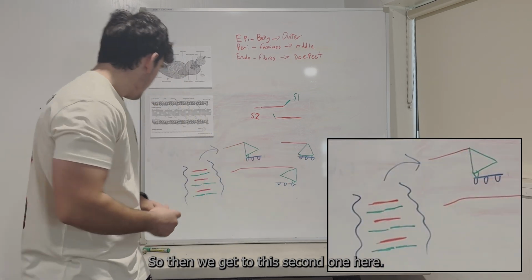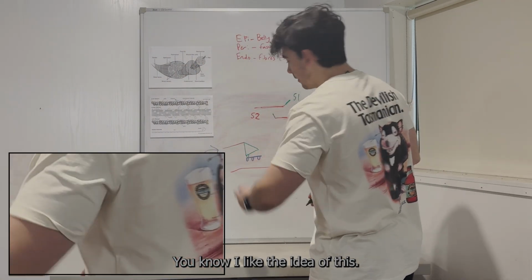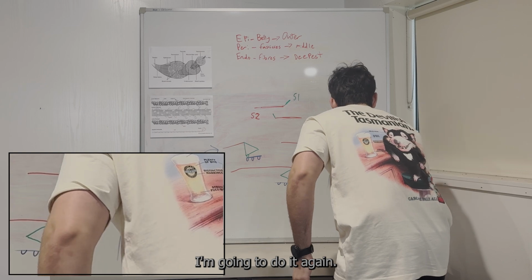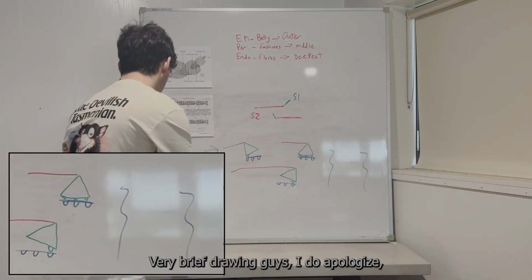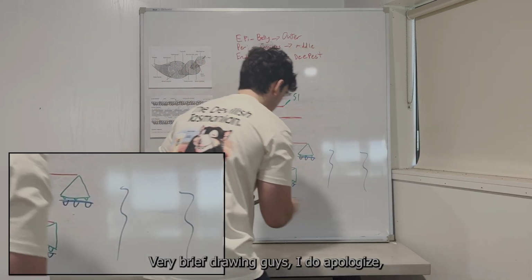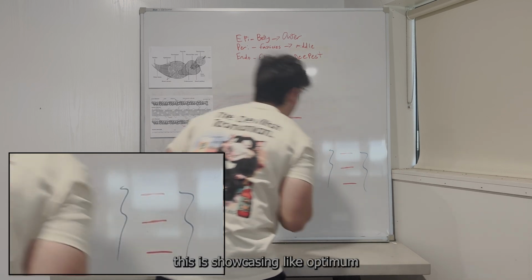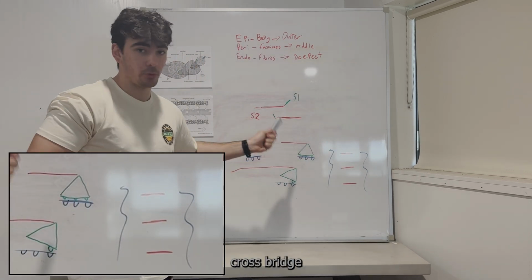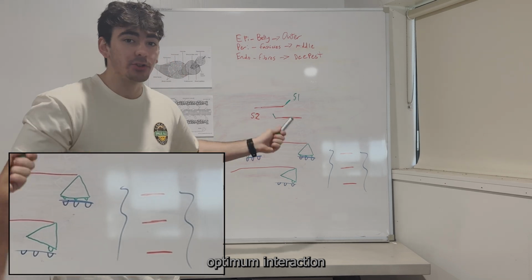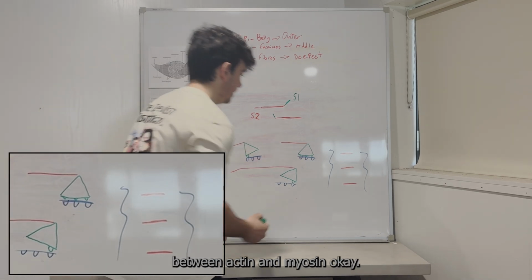So then we get to this second one here. You know what? I like the idea of this, so I'm going to do it again. Very rough drawing, guys, I do apologize. But in this next image, this is showcasing optimum cross bridge, optimum interaction between actin and myosin.